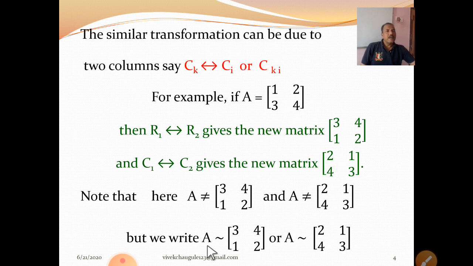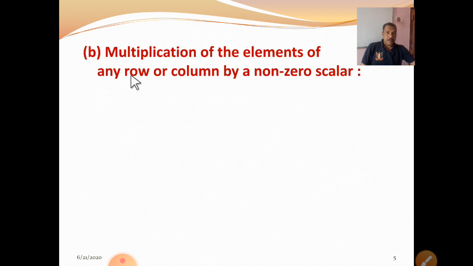Therefore we can't write A equal to, we write A equivalent to, with this symbol. Okay, this is the first transformation, interchange. Very simple and interesting. Interchange any two rows or any two columns. Okay, understand? Next, second, multiplication of the elements of any row or column by a non-zero scalar.